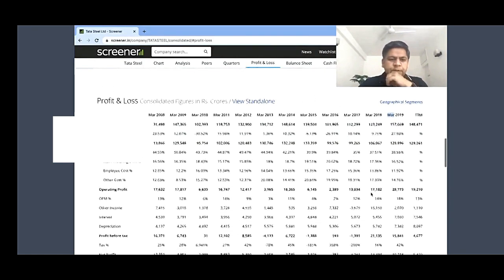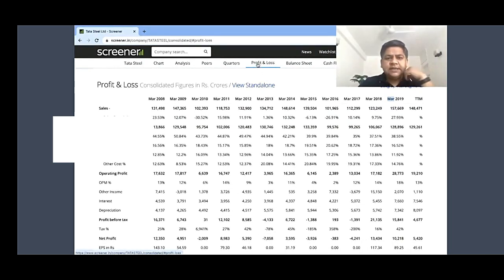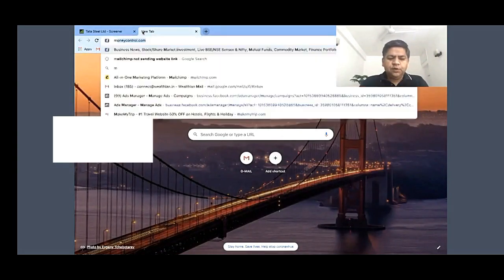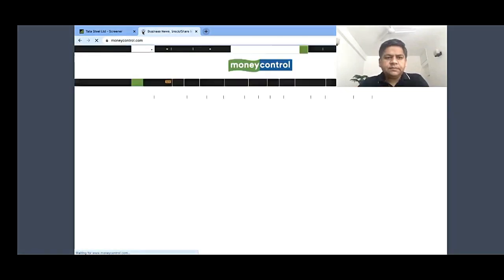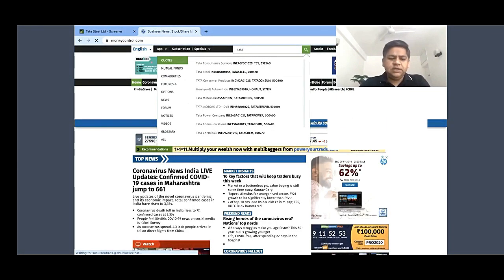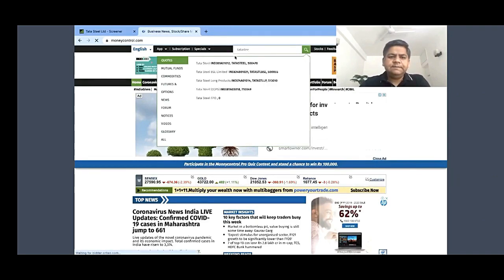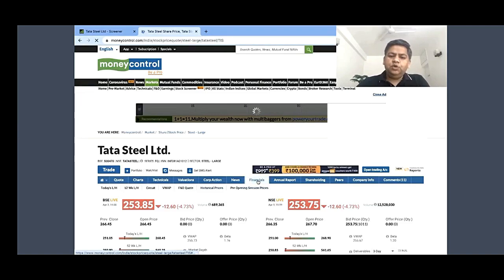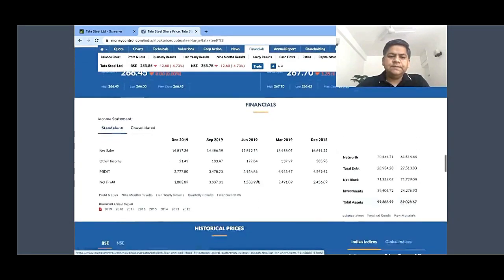Right. Now the profit and loss statement on screener.in is something which you have understood. Now we will go to Money Control, and again open Tata Steel. Then you have to go to financials.